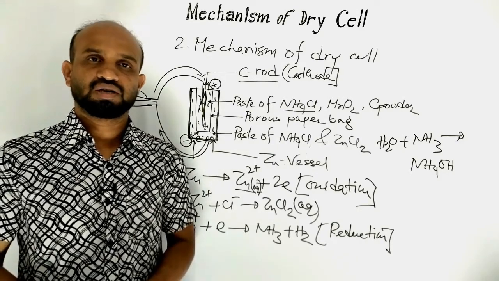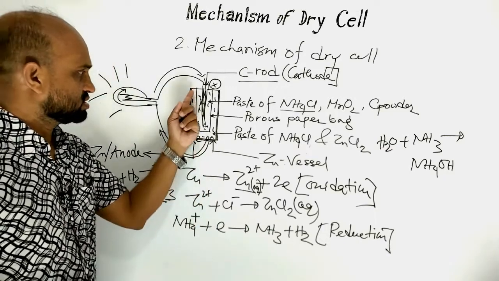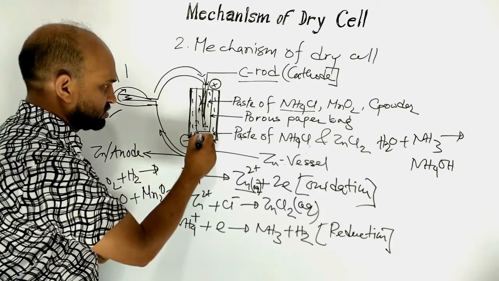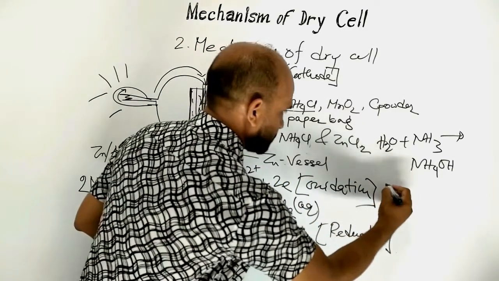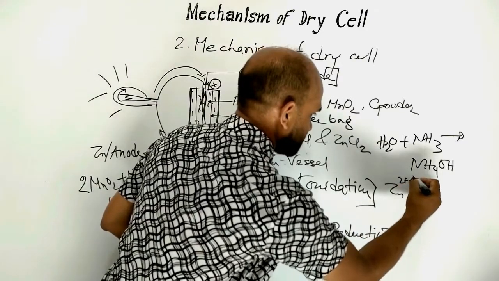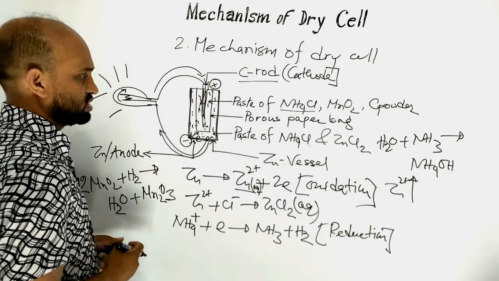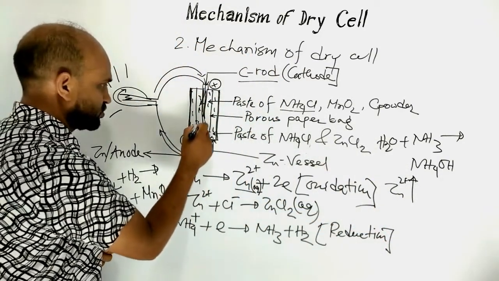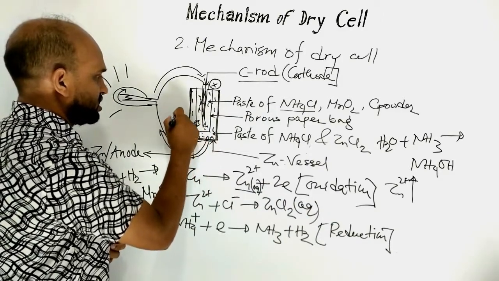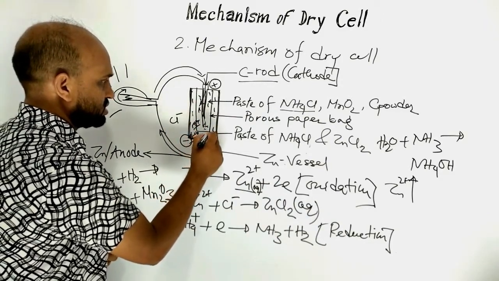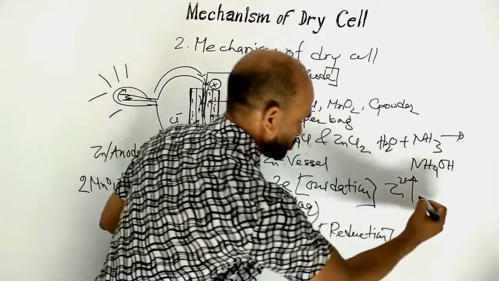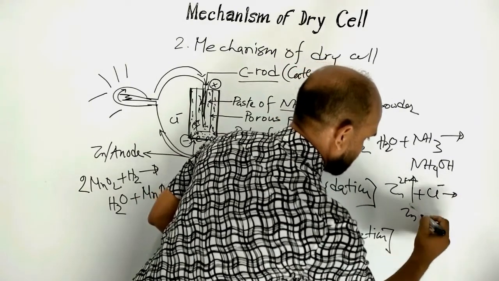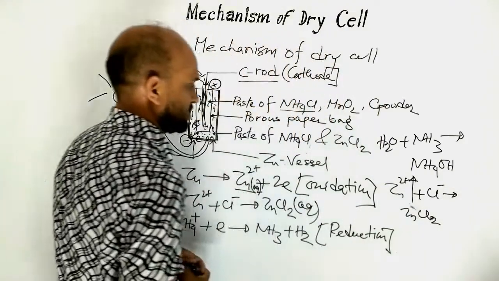Now let's see what is the function of porous bag. This is porous bag. Through these pores outside the bag, concentration of zinc 2 plus ions increases. To neutralize this electrical imbalance through these pores, chloride ion enters the zinc vessel to neutralize this zinc 2 plus ion to form zinc chloride.